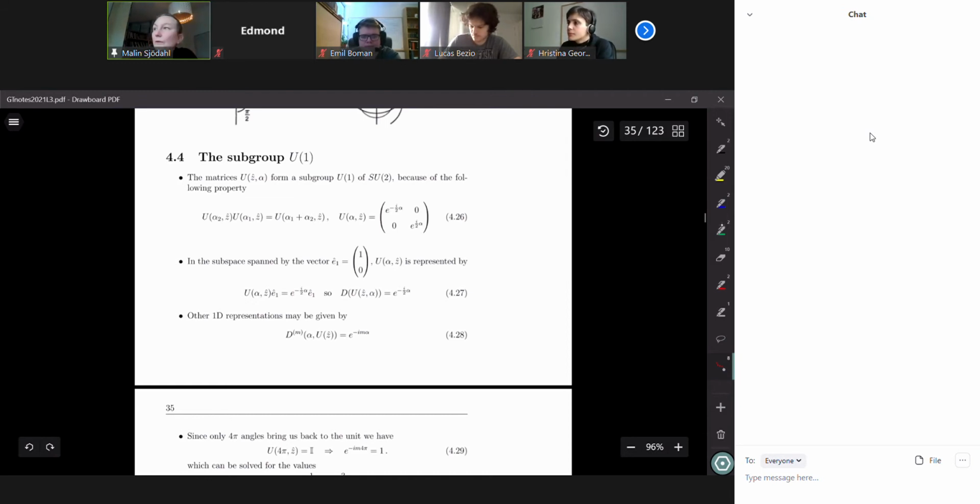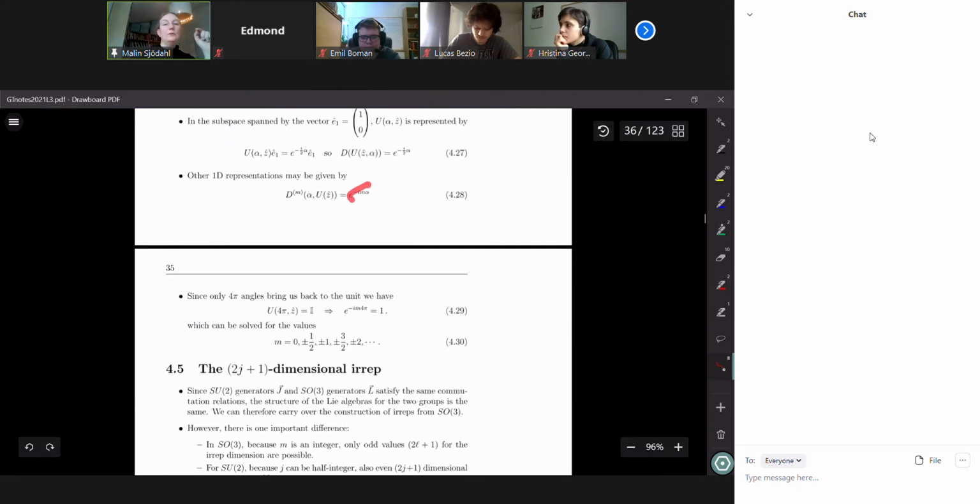As we did for the SO2 group, we can then find other representations of this form here. We should obey the representation property that multiplying together two group elements, we should get a representation resulting in the representation of the resulting element. But that we clearly have.